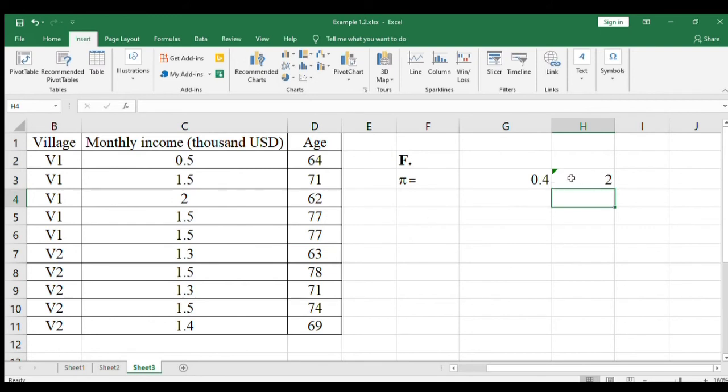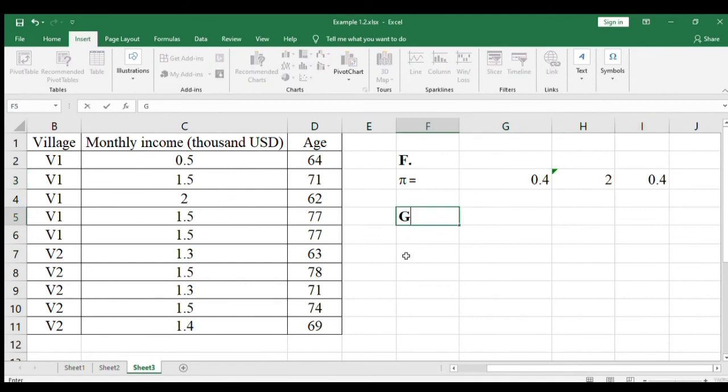And we have 2 people younger than 70 years old. And then we can calculate their proportion easily. 2 divided by 5 is exactly 0.4. It's 40% of the people in village 1 younger than 70 years old.